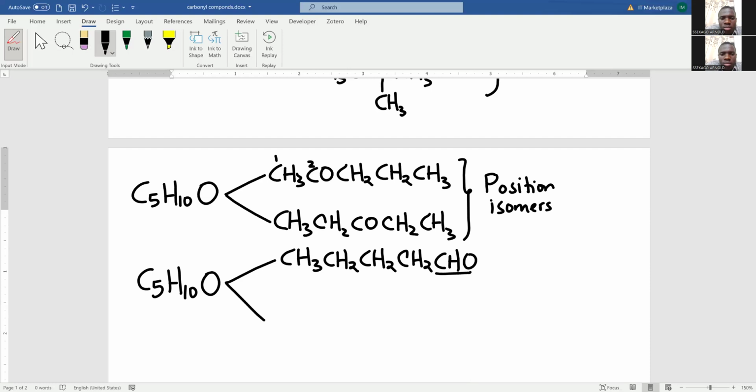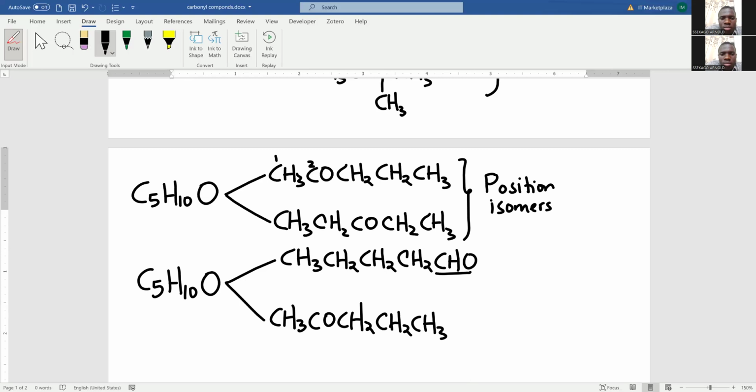Then generate a ketone CH3, CO, CH2, CH2, CH3. Those are 1, 2, 3, 4, 5. Those are 5 carbon atoms, and hydrogen atoms are still maintained.